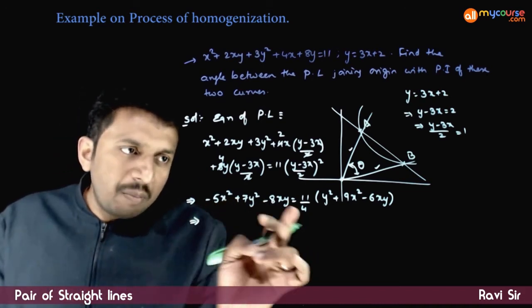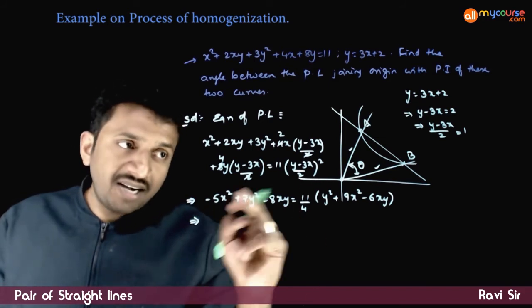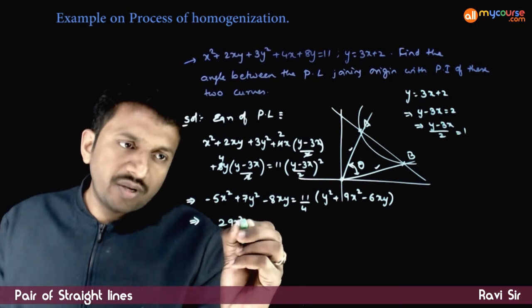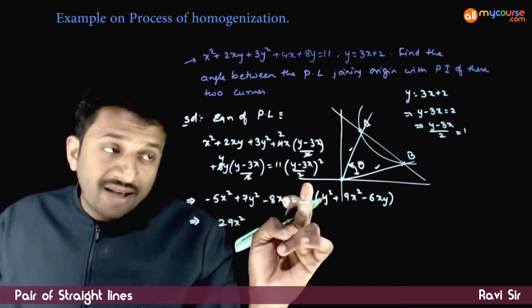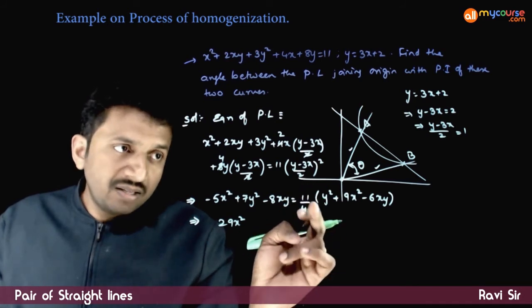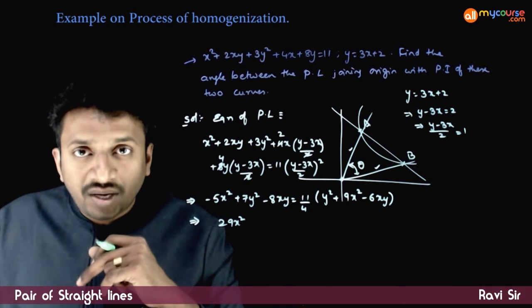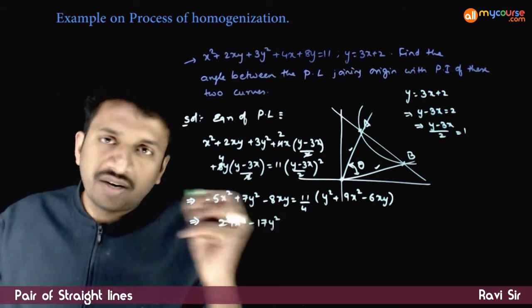So you have minus 20x square. If this goes on to that side, 9x square plus 20x square is 29x square. You have 28y square, and 11y square here. So 11y square minus 28y square is minus 17y square.